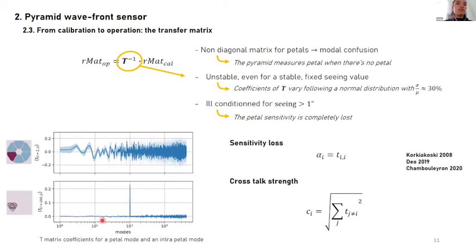However, here the measurement of the petal mode is completely lost within the crosstalk of the other modes. The sensitivity loss is already tackled using optical gain compensation, but I also add a parameter, the crosstalk strength, which will characterize this confusion in the measurement.